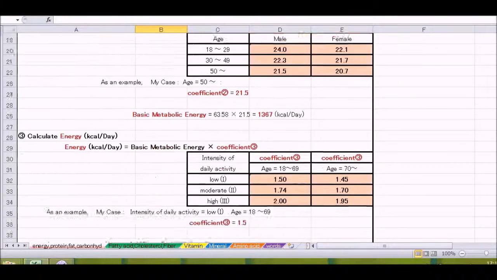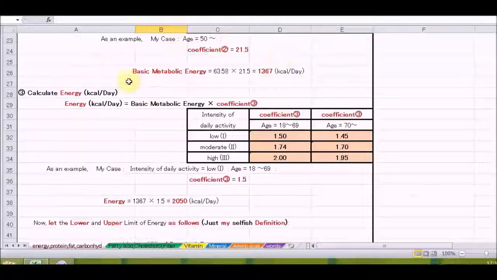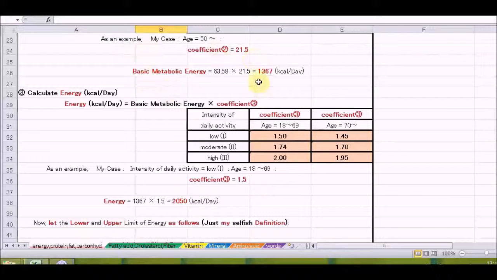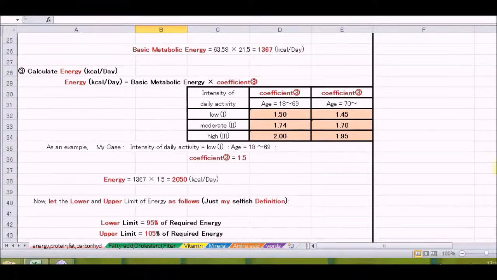And by using this metabolic energy, energy can be calculated by this equation. Coefficient 3 is described by this table: intensity of daily activity, and the age.